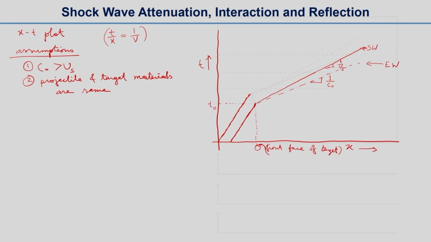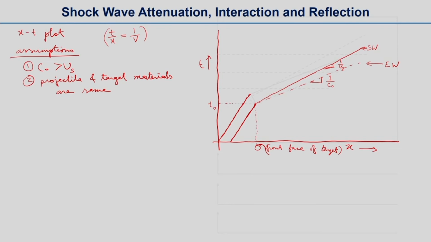The slope is 1 by us, u subscript s, and then we know that the release wave will travel from the back surface of the projectile. That means it will be reflected back from the back surface of the projectile. So, this will be two lines you will draw.